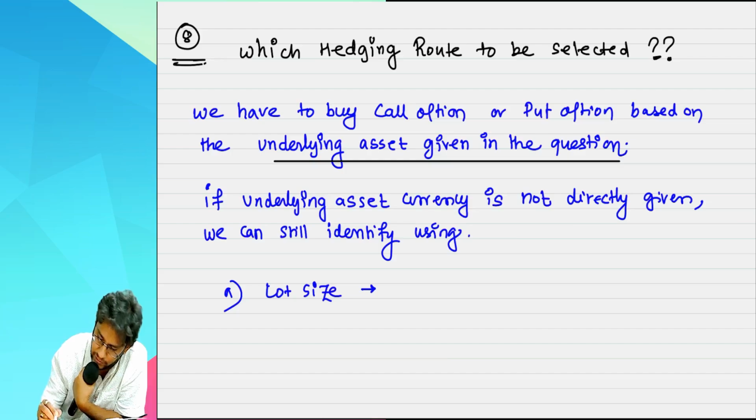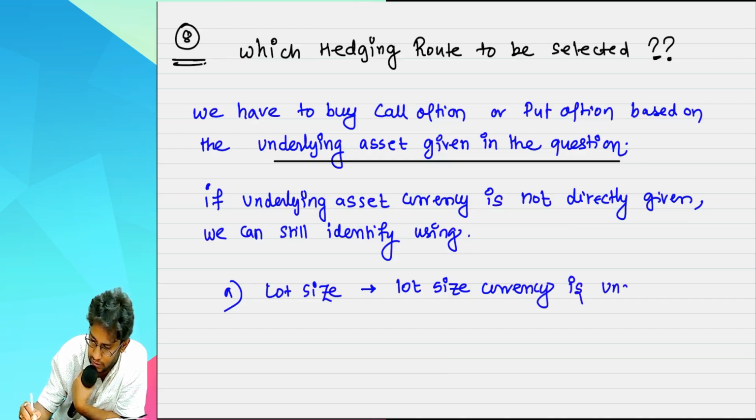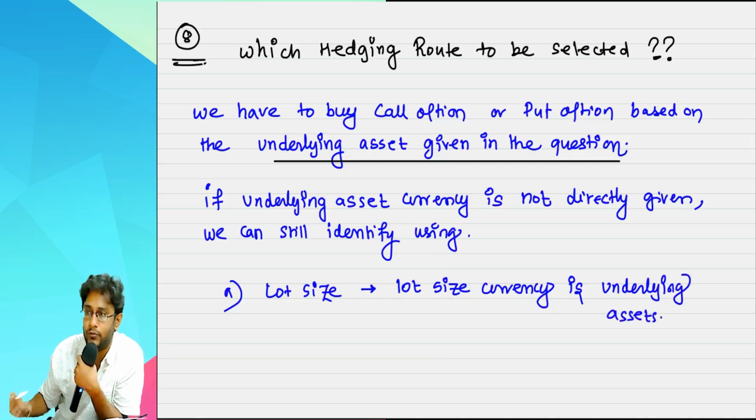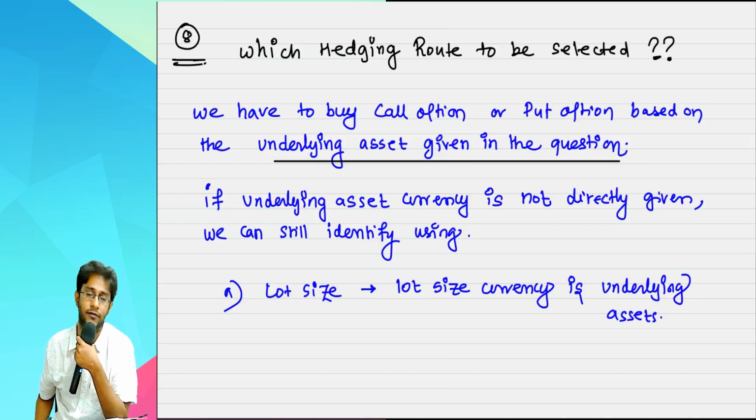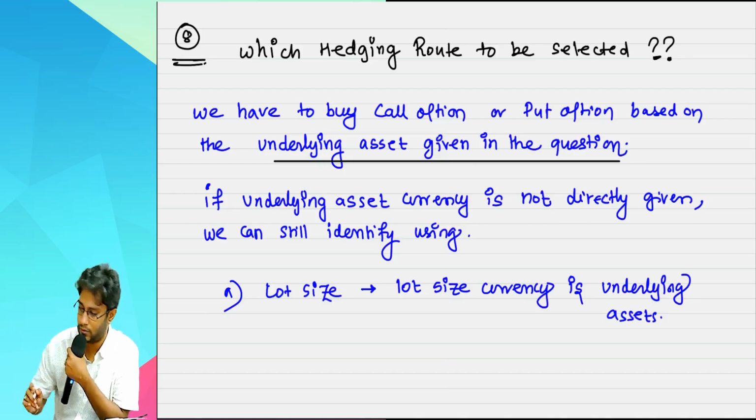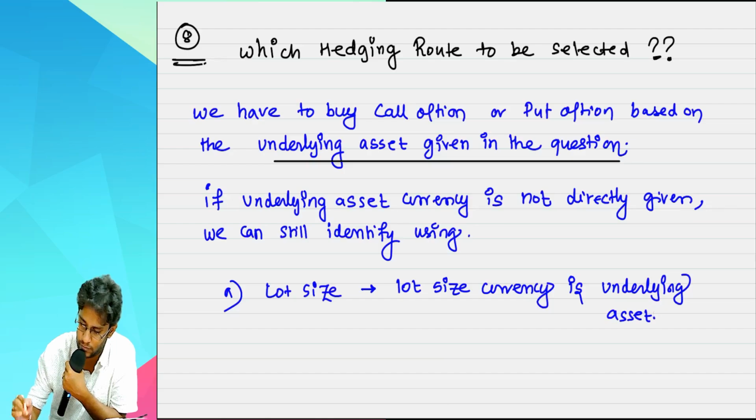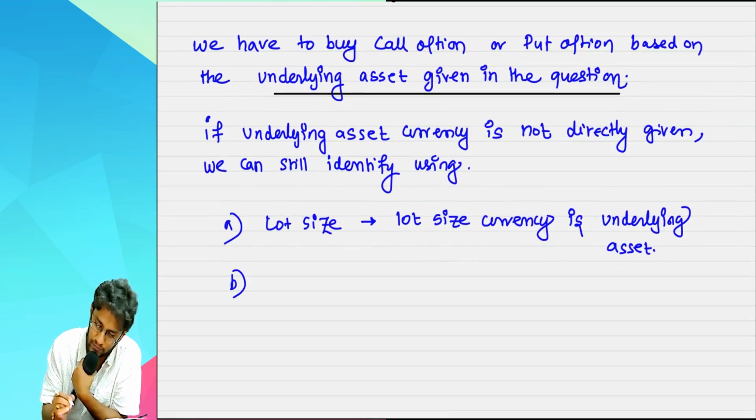Put a hyphen and write: lot size currency is the underlying asset. Lot size is $50,000, and he will tell you that's all. A dollar is the underlying asset for that sum. So that is a hint you have to pick up from there.